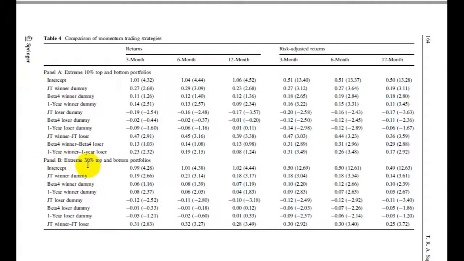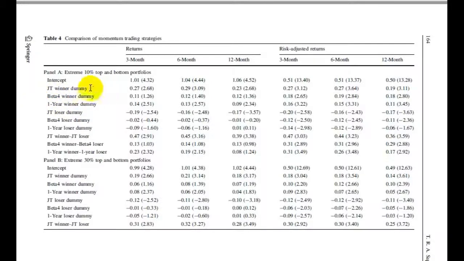Panel B is going to use the top and bottom 30%, as we've seen in the prior tables and figures. And now here we've got JT, which is the Jagadish and Titman past 6-month return strategy. We've got the Beta 4 strategy, which is the momentum factor loading, and then the 1 year, which is the one where they're ranking by nearness to the 52-week high.